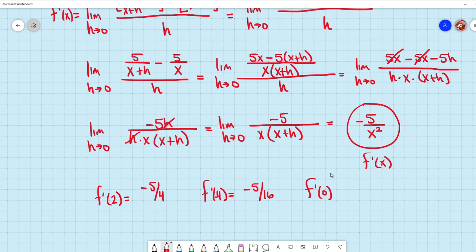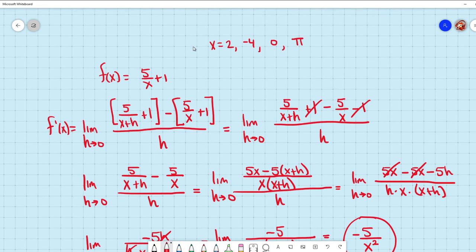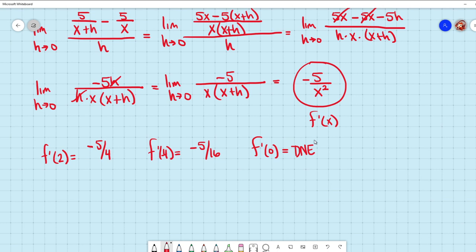At 0, so at f prime of 0, this did not exist. It didn't have a derivative because originally, if you look at the function, x could not be 0. It would have been undefined anyways at 0. So there's no way it would have a derivative answer if it were originally not defined.